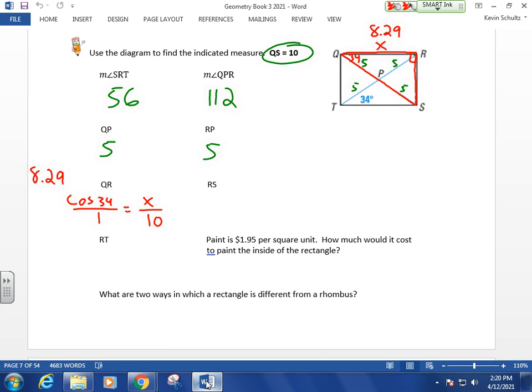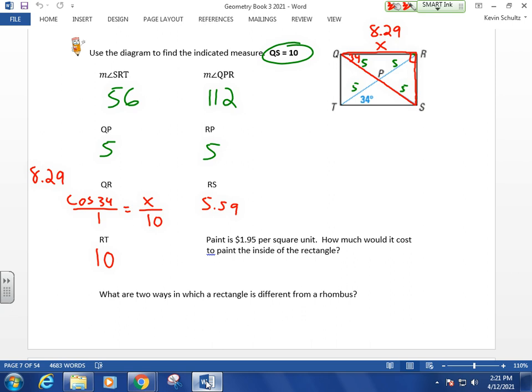Approximately 5.59. If you put 6, it's close. And then RT, the other diagonal, if QS is 10, RT will also be 10 because the diagonals are congruent. And then finally, paint is $1.95 per square unit.